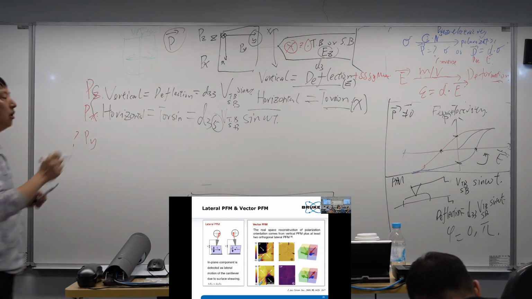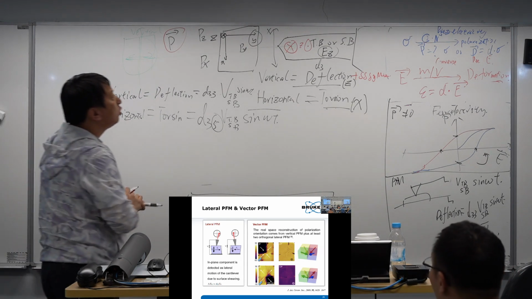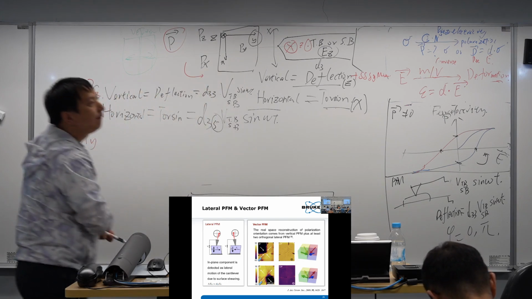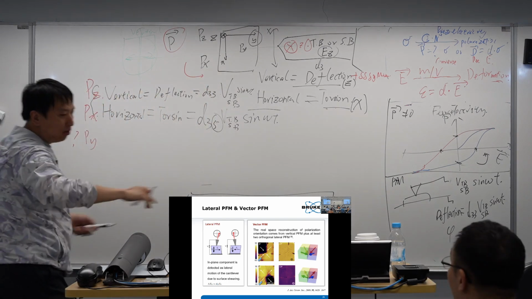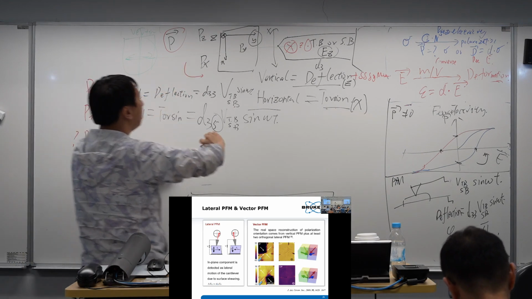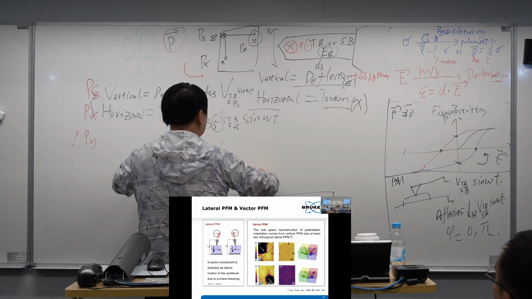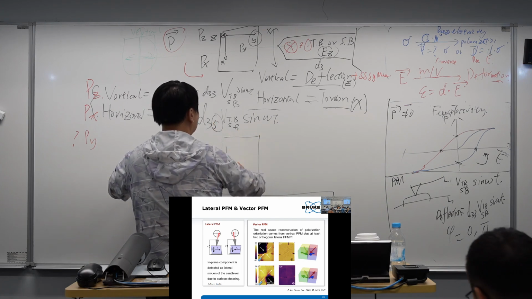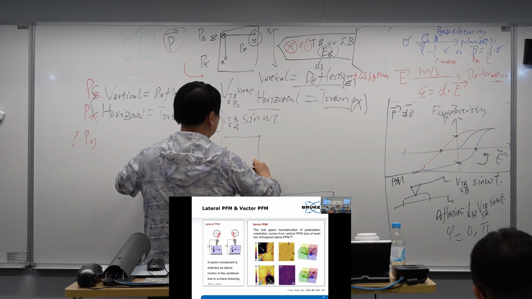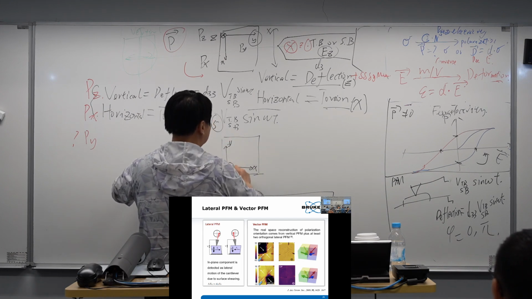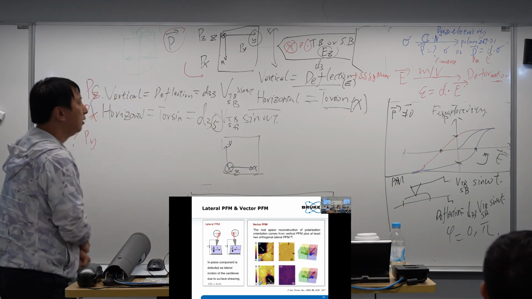So the thing we will do is rotate our sample. If we rotate our sample by 90 degrees, here is the X, Y, and Z, right?